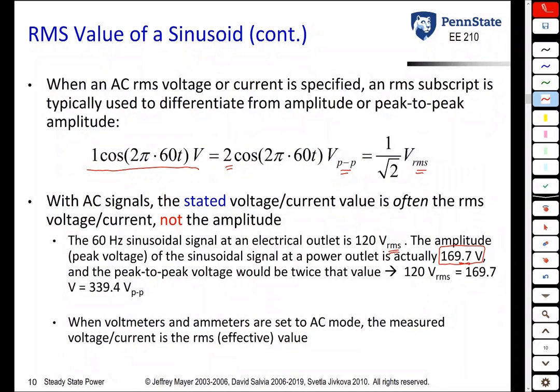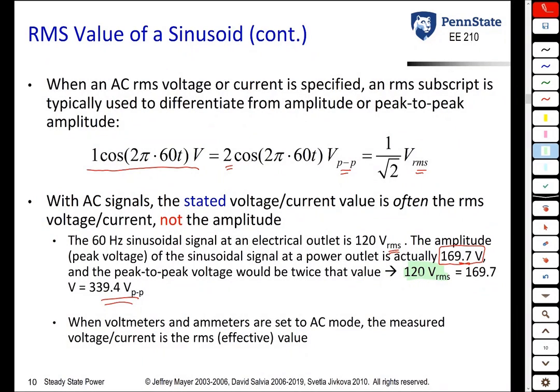In other words, when we say that that's a 120 volt signal coming out of the power outlet, what we're really saying is that it's the equivalent of a DC voltage of 120 volts. It's actually an AC voltage with an amplitude of 169.7 volts or a peak-to-peak amplitude of 339.4 volts, but we say it has an RMS value of 120 volts, and very often we're very sloppy about saying that it is the RMS value, and we say it's just a 120 volt signal.